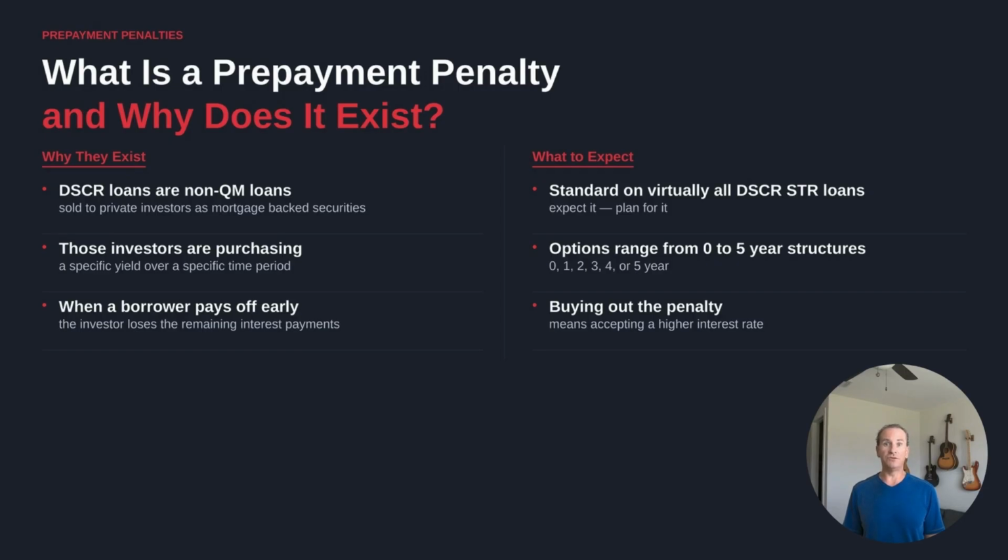They come in a 1, 2, 3, 4, 5 year prepayment penalty, 2 to 3 to 4 to 5% penalty on the loan amount, the balance, if you either refinance or sell. So they are quote unquote hard prepayment penalties. Why? There's a specific yield over a specific time period.